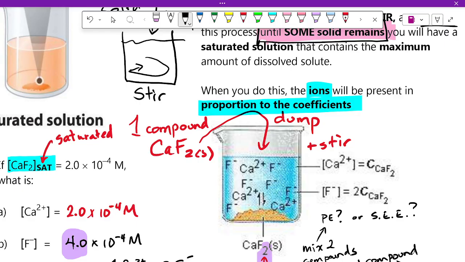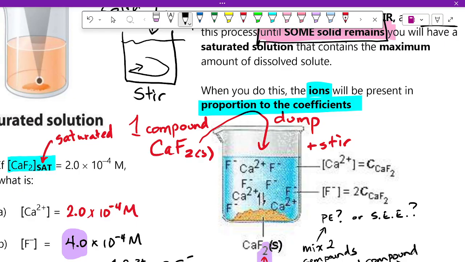I would not call the CaF2 solid a precipitate because it did not really precipitate. We just dissolved it to the point of equilibrium. That's why I tend to call it recrystallization when it turns back into the crystal.